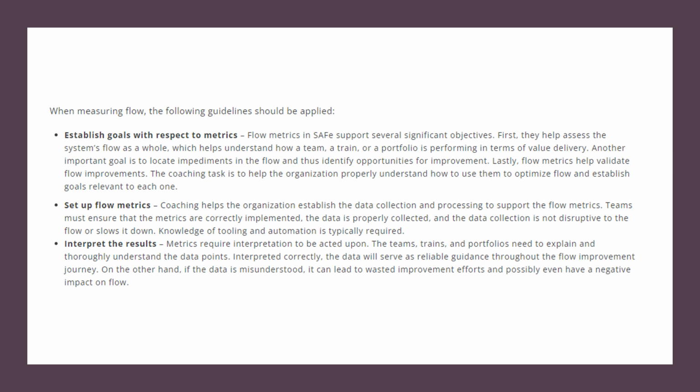Another important goal is to locate impediments in the flow and thus identify opportunities for improvement. Lastly, flow metrics help validate flow improvements. The coaching task is to help the organization properly understand how to use them to optimize the flow and establish goals relevant to each one.